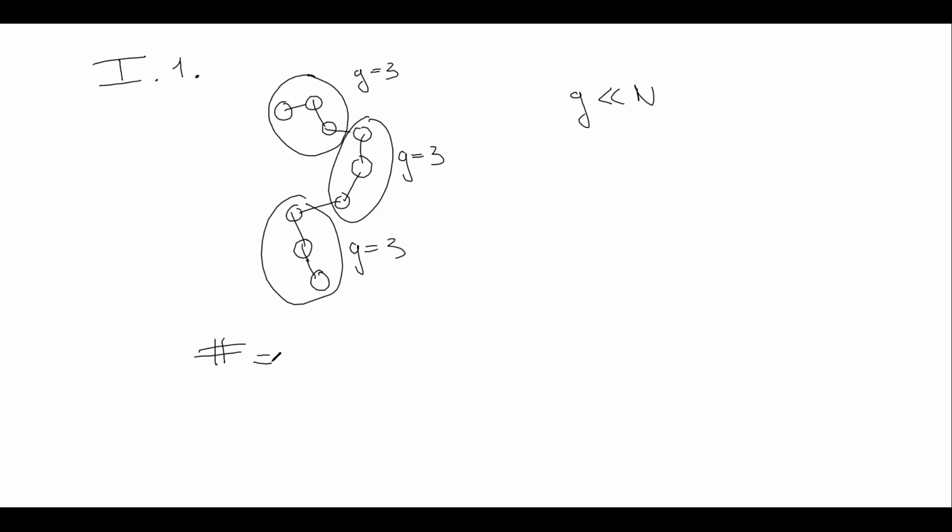Well, it's the total number of monomers, n, divided by the number of monomers I put in any of those bags. So n divided by G. n divided by G is the number of bigger units. Is it clear? All right, so I assume it's okay.